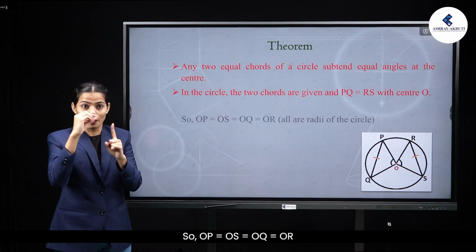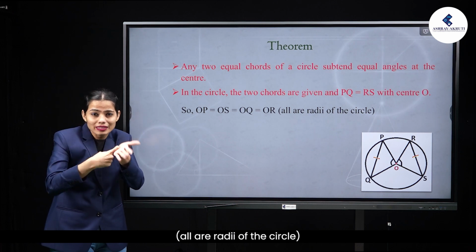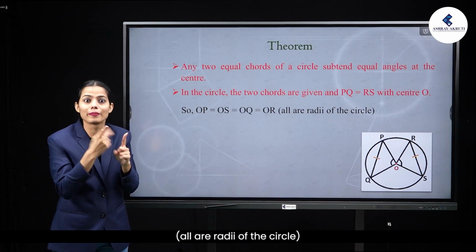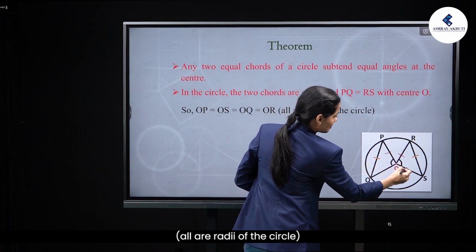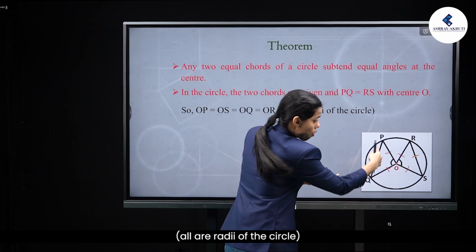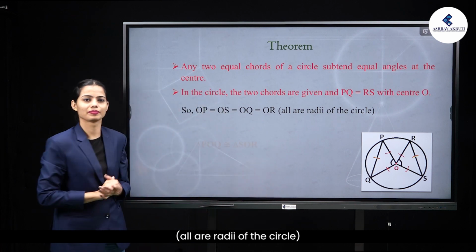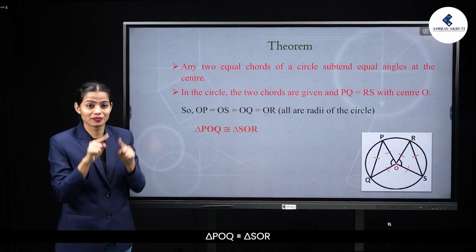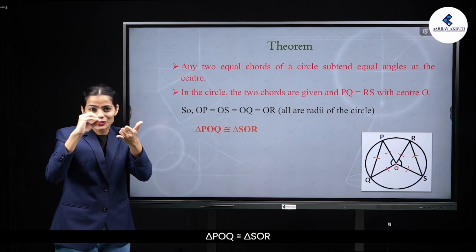So, OP is equal to OS is equal to OQ is equal to OR. All are radii of the circle. Triangle POQ is congruent to triangle SOR.